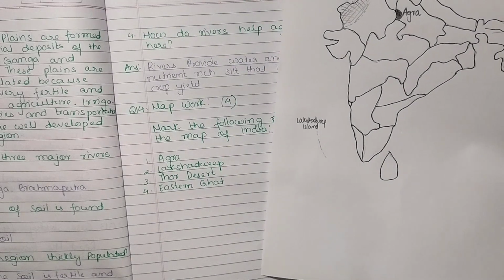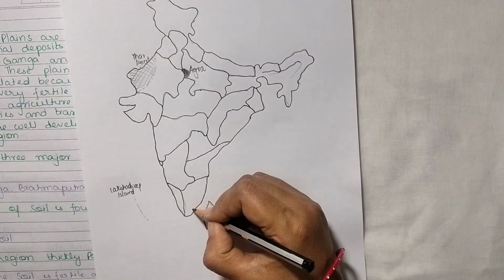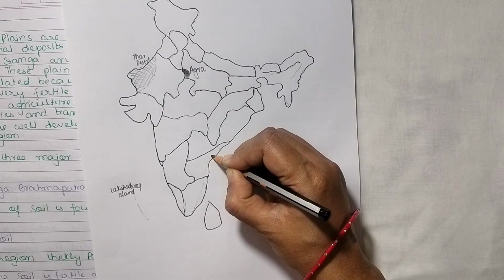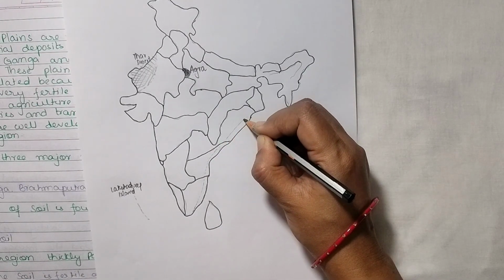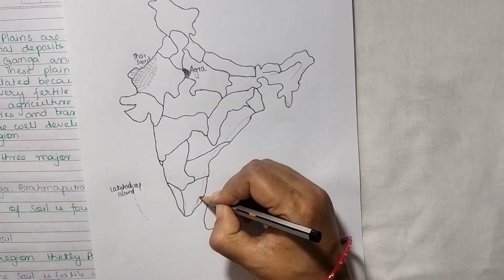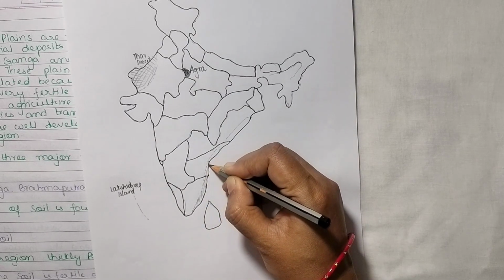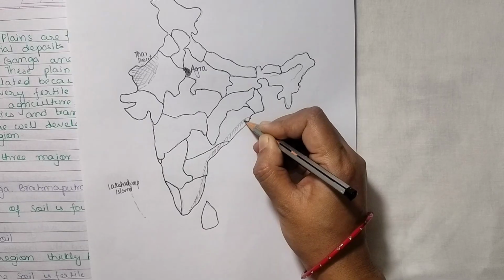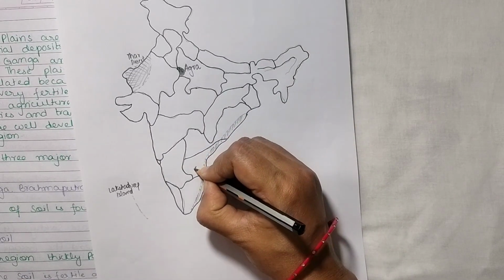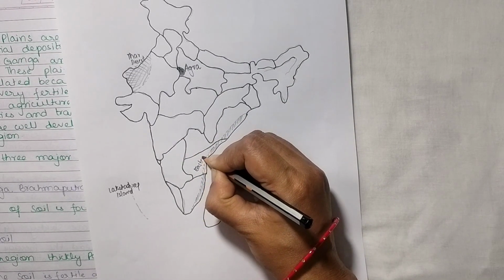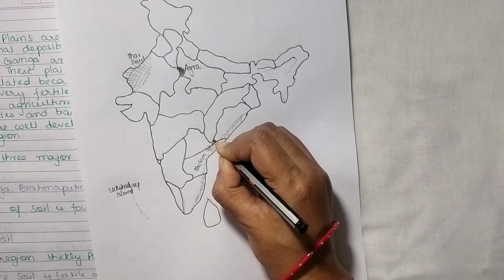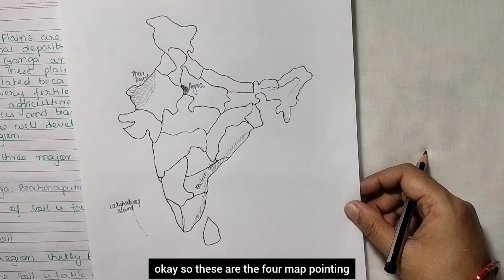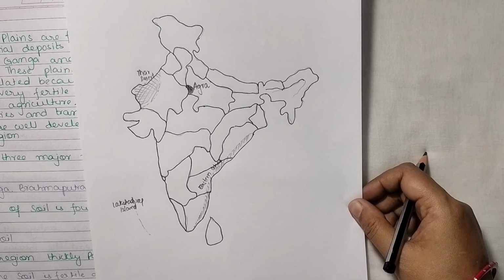Then Eastern Ghats. So here this is Tamil Nadu, right, till Odisha. Andhra Pradesh and then till Odisha we will cover the Eastern Ghats. Okay, so these are the 4 map pointings, right?